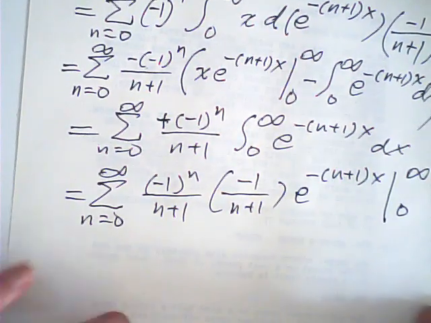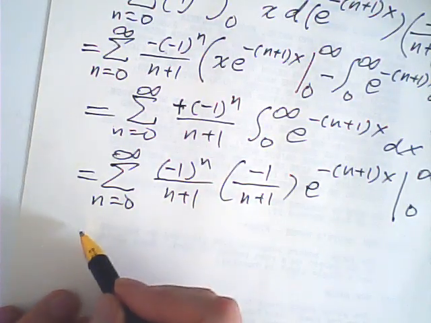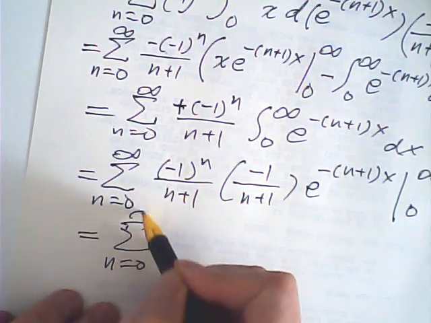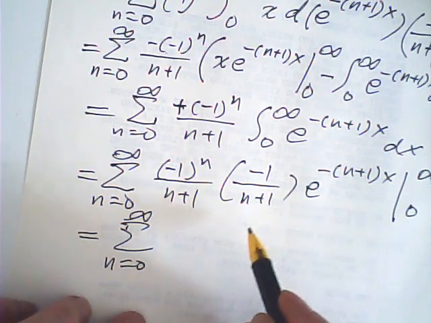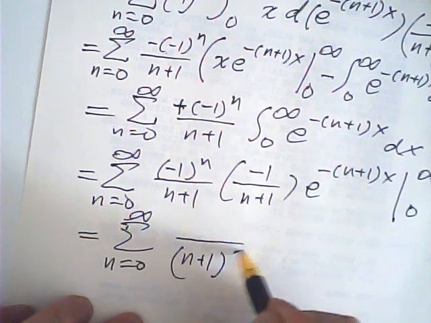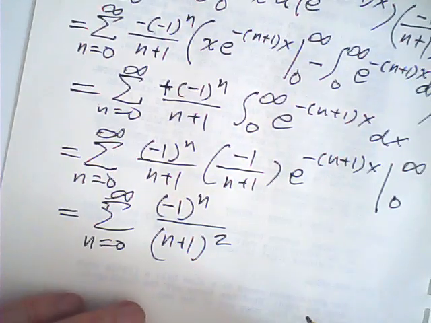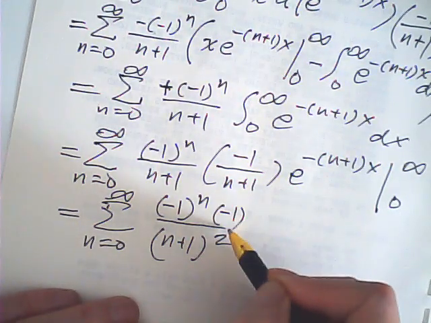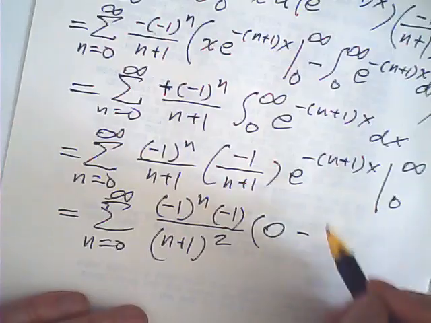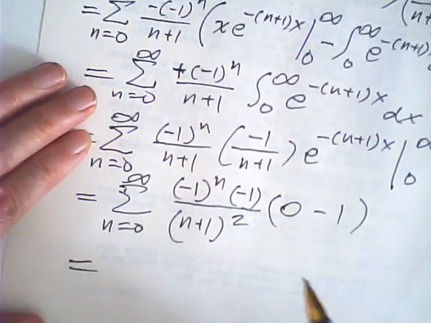Wow. This would be n plus 1 squared in the denominator. Have a negative 1 here. This one is 0, this one is 1.